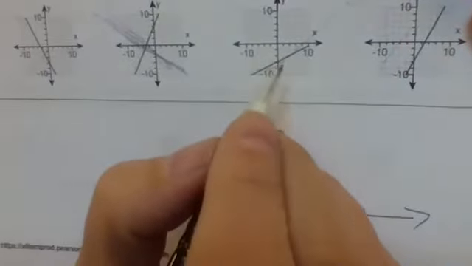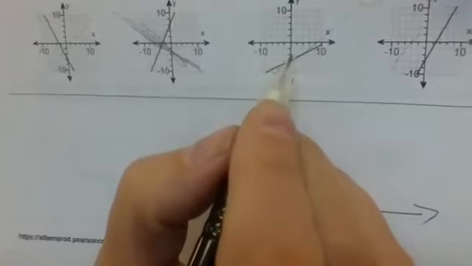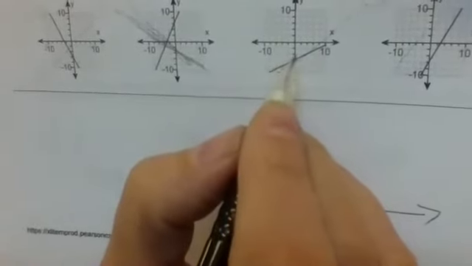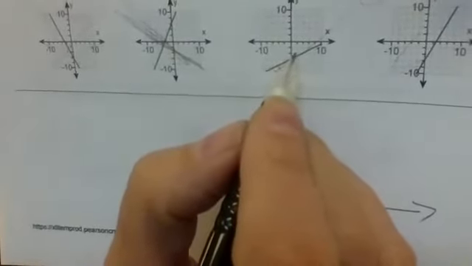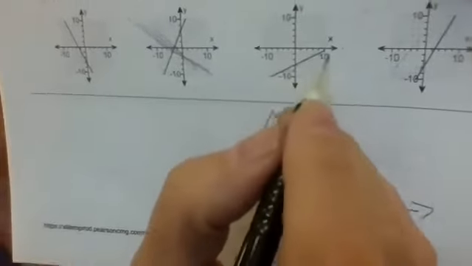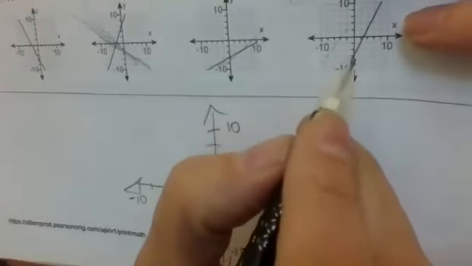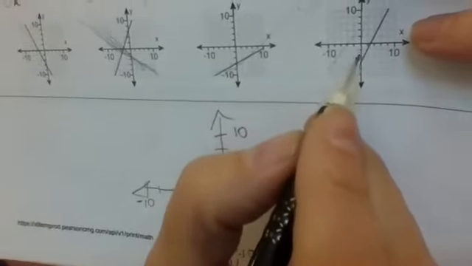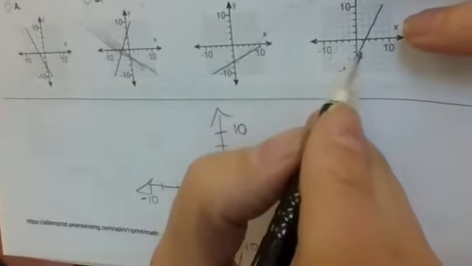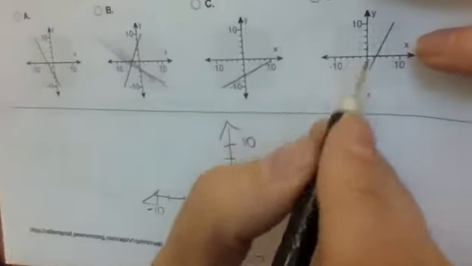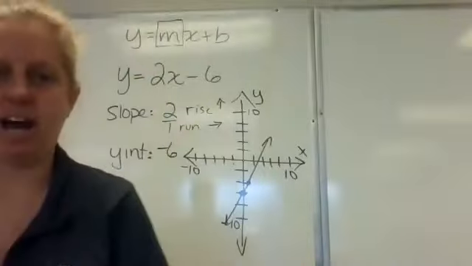So if I go up 2 over 1 on this one, if I go up 2, it's right there. And then over 1 would be right here. This one, that one's not steep enough. This one is the one that goes from here up 2 and then barely over 1. So that's why it would be D on that one.